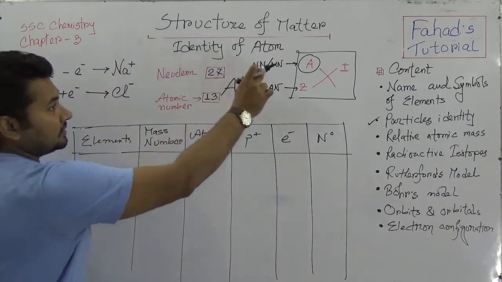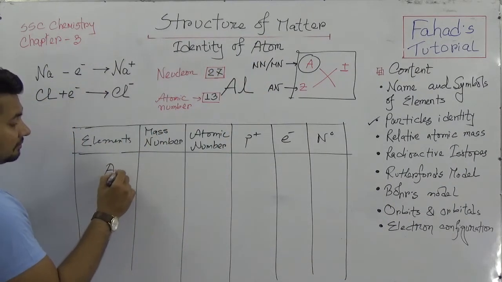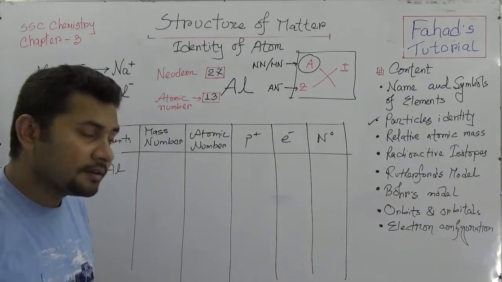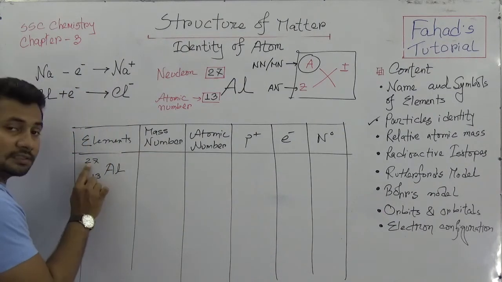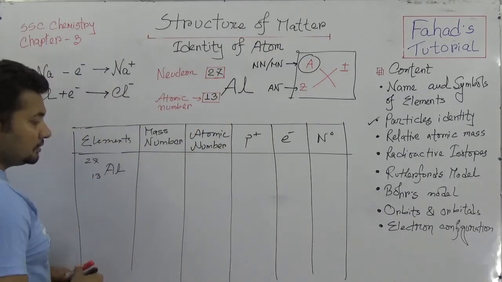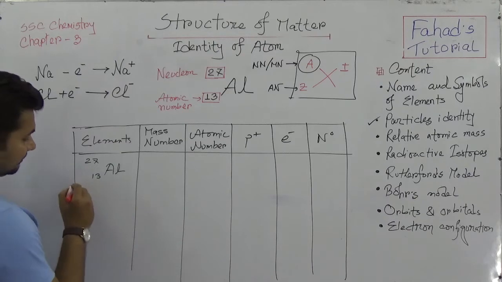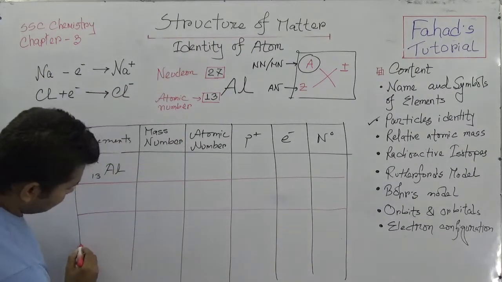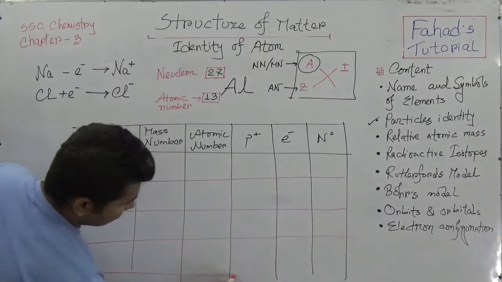If we take aluminium, say this is 27 and 13, then the mass number is 27. So this is the nucleon number. If we divide it into some groups like that, we can have some other particles.